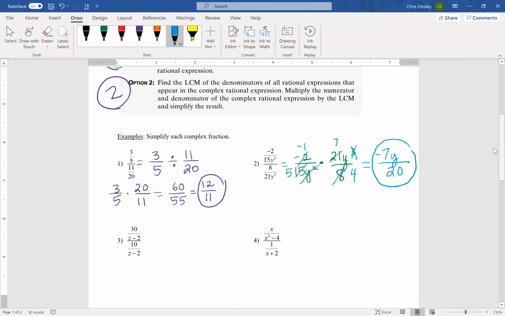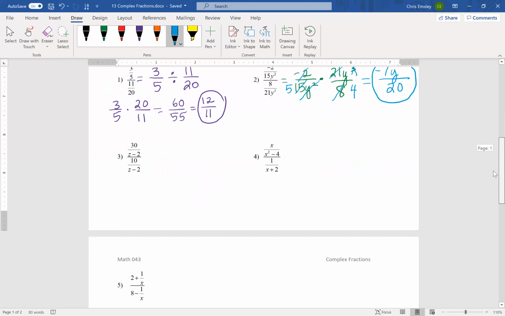Okay, again, still using option number one for all of these. Next up, number 3, I have 30 over z minus 2 times, flip that upside down because we're dividing by that second fraction, z minus 2 over 10. Okay, it might help you visualize what you're allowed to cancel if you put parentheses around those expressions.